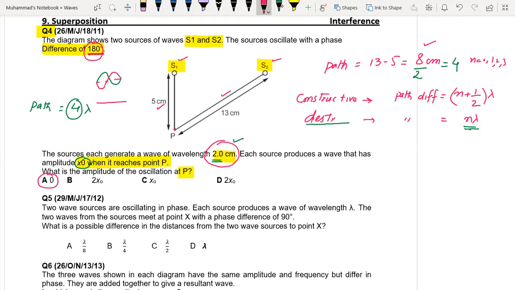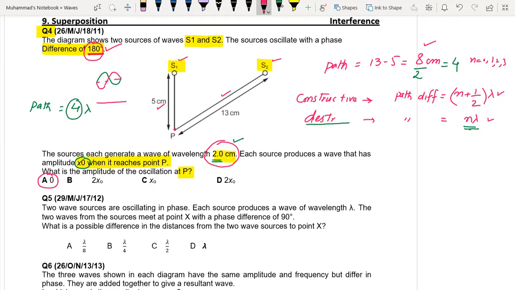So what you have to do is check the phase difference between the sources. If they are in phase, then the condition for constructive interference will be this and destructive interference will be this. If they are out of phase, then the conditions for destructive and constructive interference will reverse.